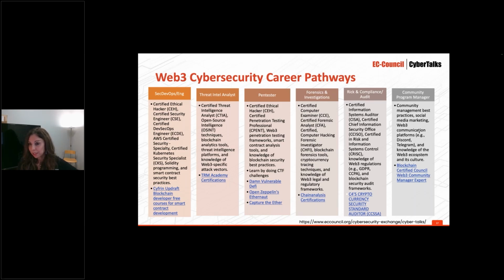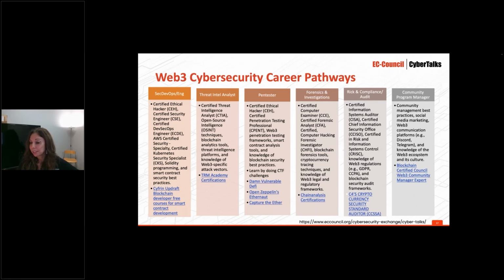And then as a community program manager, I did want to mention this because I have lots of friends who have been community program managers and find themselves in the middle of dealing with questions around privacy, security, phishing, and scams. So for any of you that are program managers, maybe TPMs, take a look at Web3 technologies.